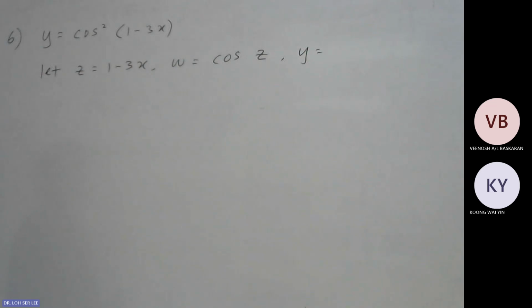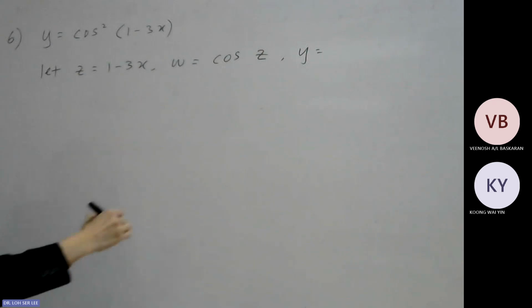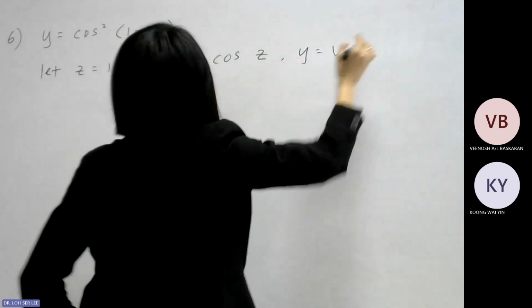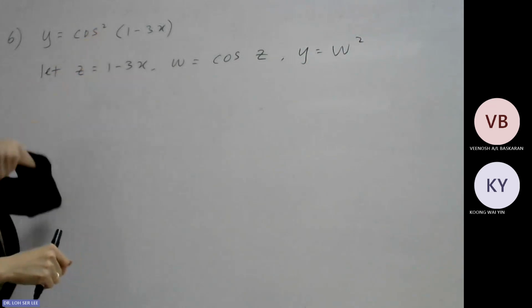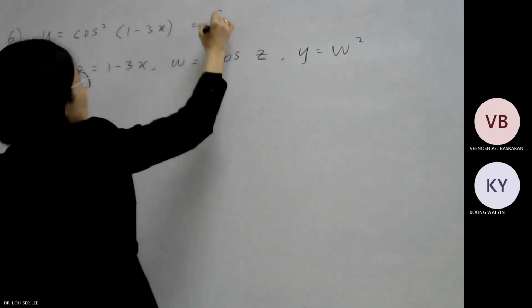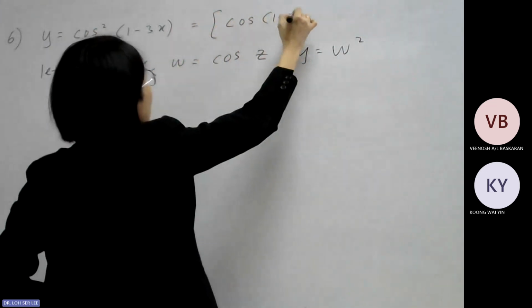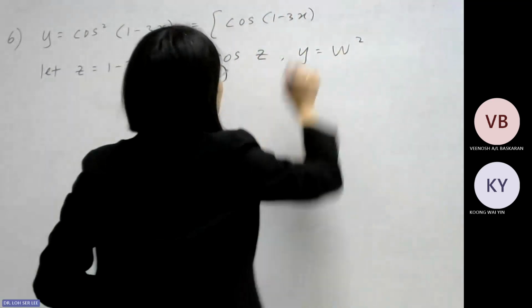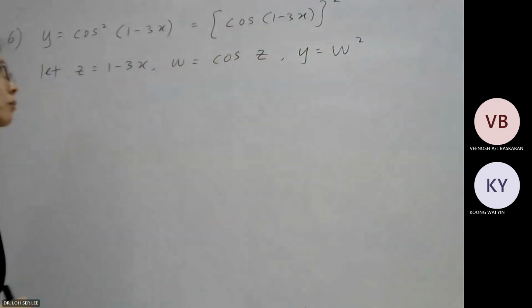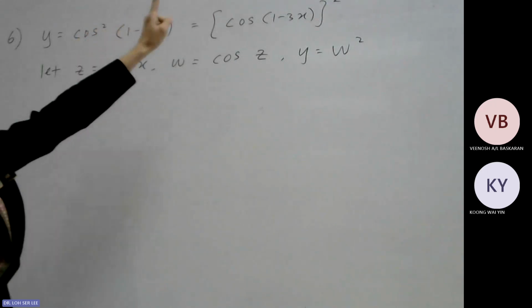Y is W squared. Okay, what is this? Cos squared means cos of 1 minus 3x, squared. The square here means this.